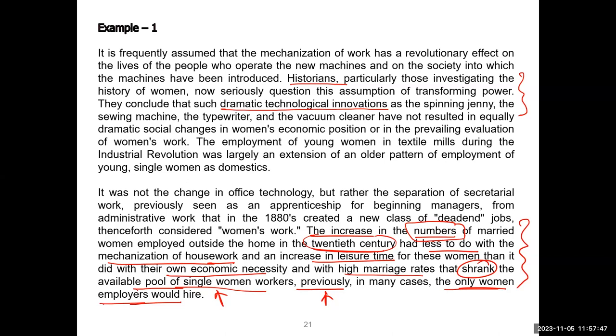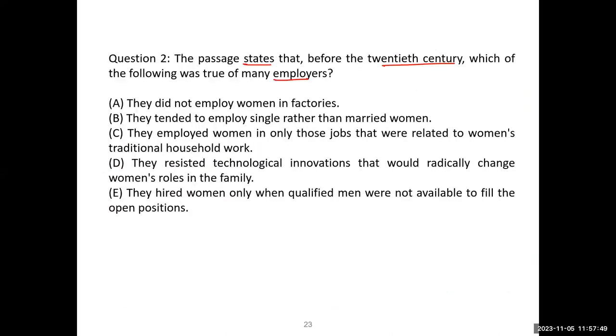Let me take you back to question number 2. The passage states that before the 20th century, which of the following was true of many employers? Number A, they did not employ women in factories. Nothing of this sort was mentioned. Number B, they tended to employ single rather than married women. Yes, that is what they preferred.